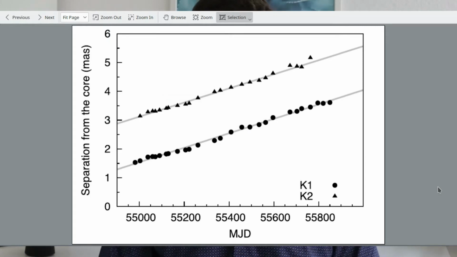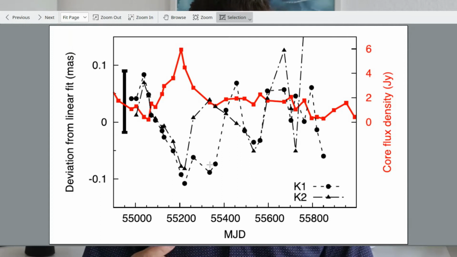Both clusters move as a single component would move, but here you can notice that they have a simultaneous dip in their motion laws. It is not well visible on this plot, but when we subtract a linear trend from the data, we can immediately see that both clusters accelerate and decelerate simultaneously.